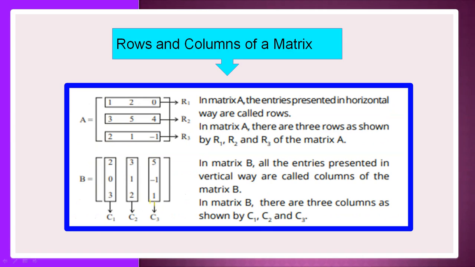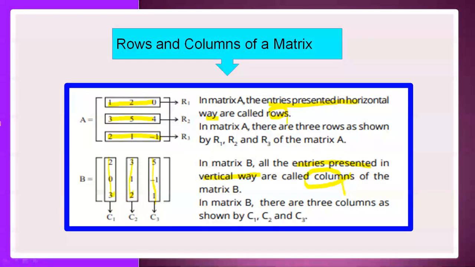Move on to the next, a very important topic. What are rows and columns? Remember, they are showing horizontal lines here, while in the next they are showing vertical lines. The entries presented in a horizontal way are rows, while those numbers presented in a vertical way are known as columns of a matrix.